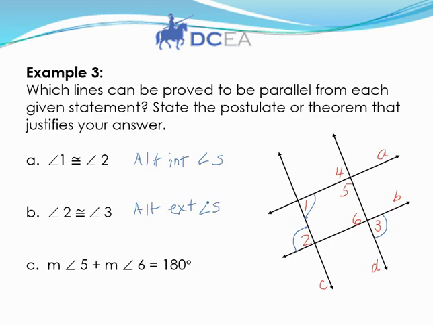And then we have the measure of angle 5 plus the measure of angle 6 equals 180.